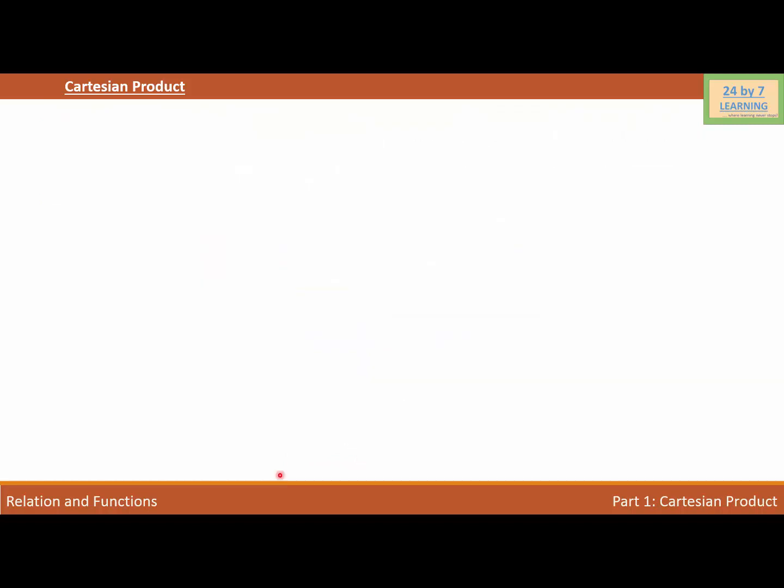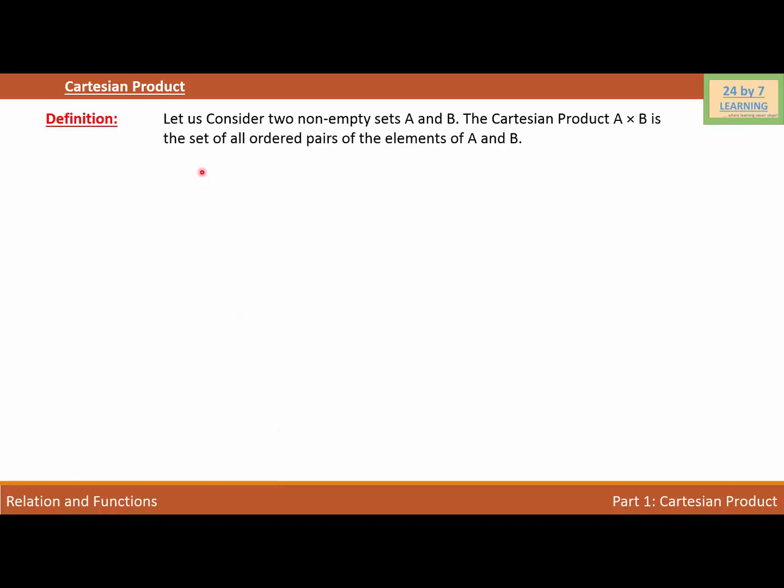Now let's talk about the definition of the Cartesian product. Let us consider 2 non-empty sets A and B. The Cartesian product A cross B is the set of all ordered pairs of the elements of A and B. In order to explain this, I'm going to use a mathematical notation.